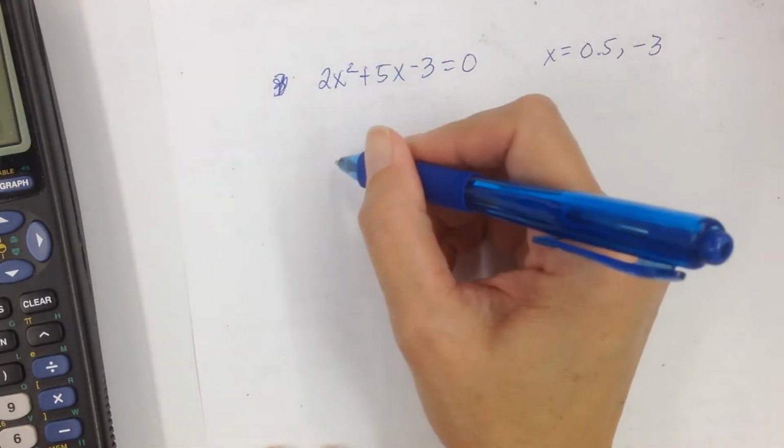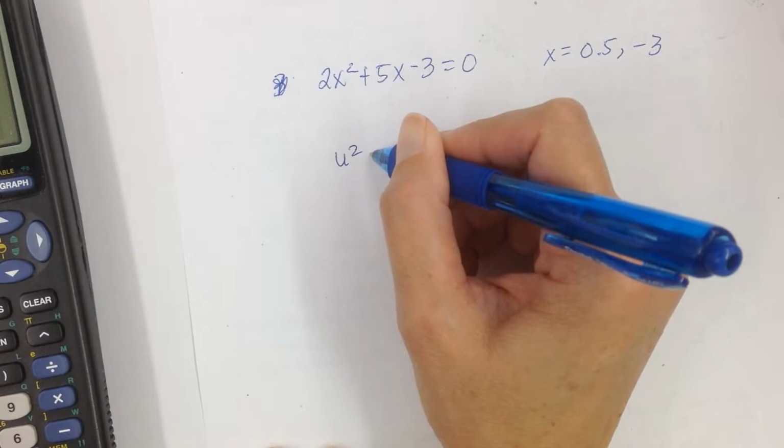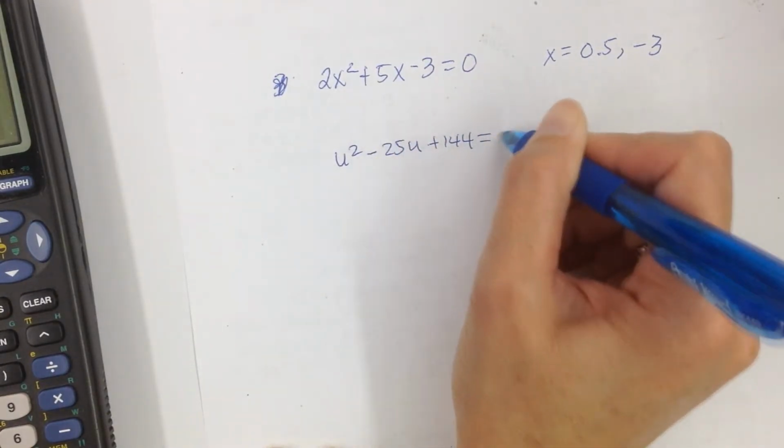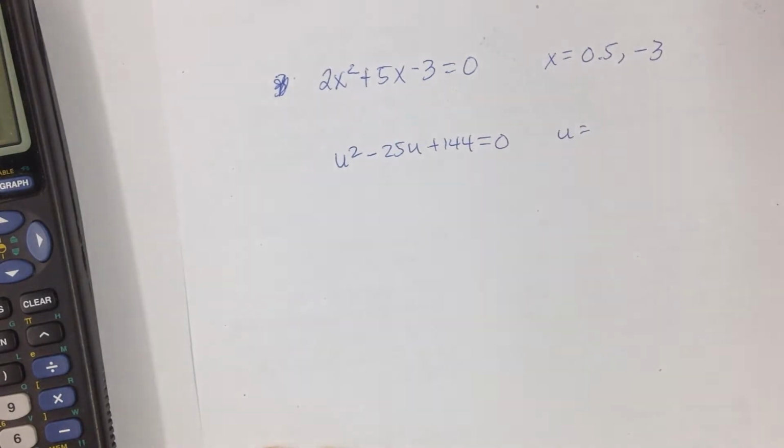Okay, and then we'll test out another one: u squared minus 25u plus 144 equals 0. I know the solutions to these are 16 and 9.